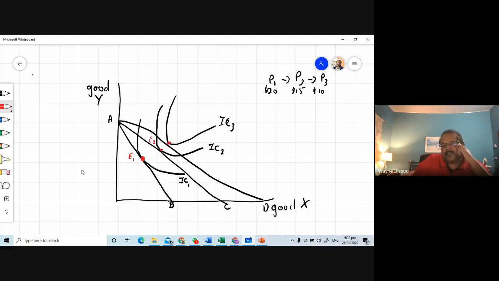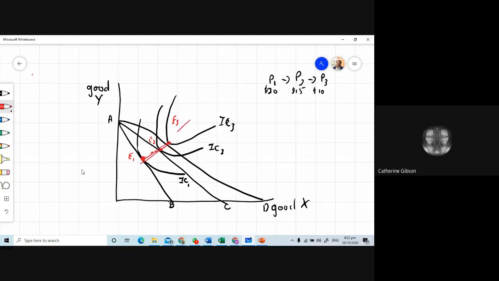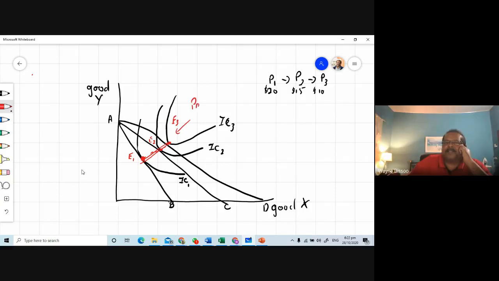Let's just assume this is tangential, okay? We know that it's supposed to be tangential. E3, and if we connect these to each other, what do they create? You all remember what that was? The price consumption line. Very good. Let's call it a curve, right?